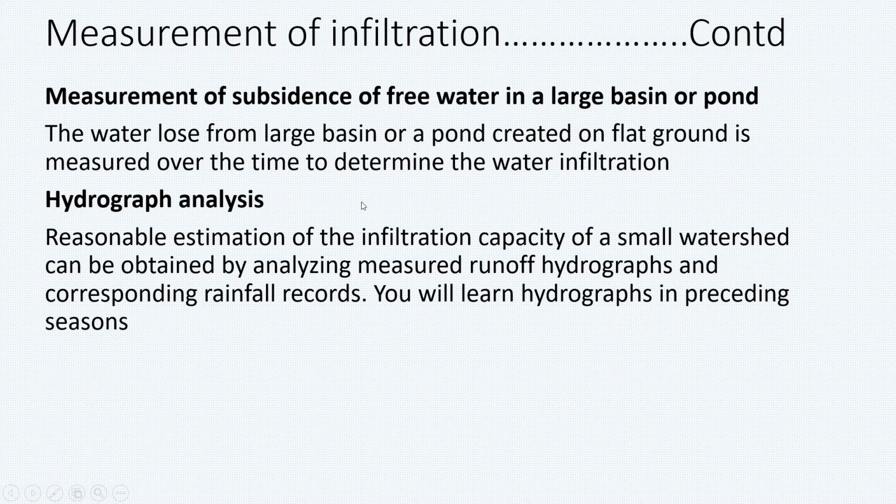So you can measure the water loss with the decrease in depth, so that you can calculate the infiltration. Then the other method is to do the hydrograph analysis. You can make a reasonable estimation for this infiltration using hydrograph analysis, and we will be talking about hydrographs in session 5.